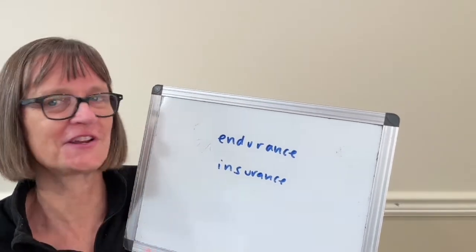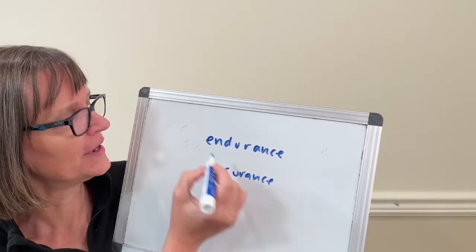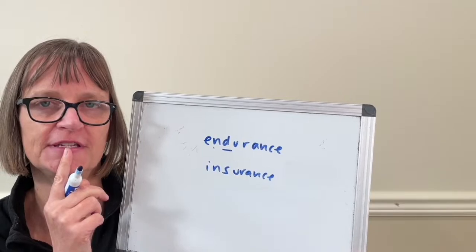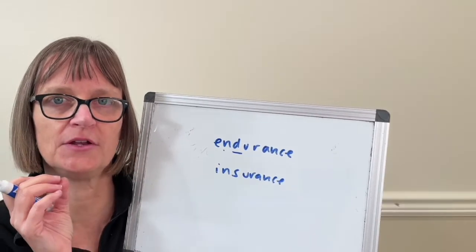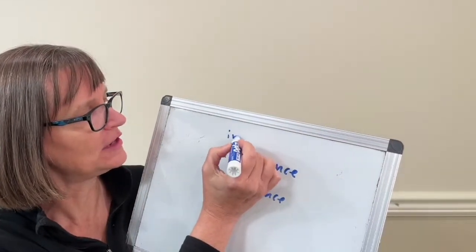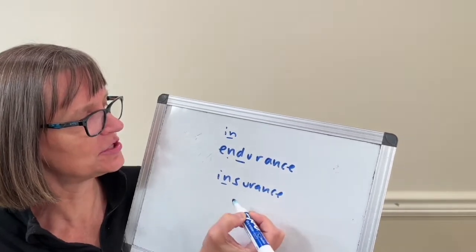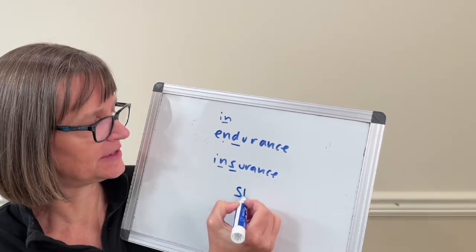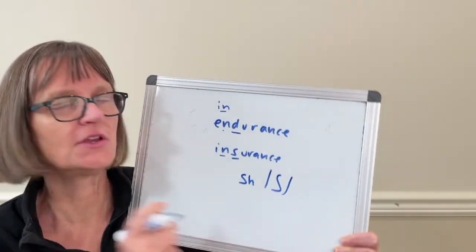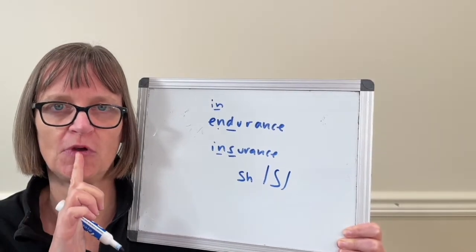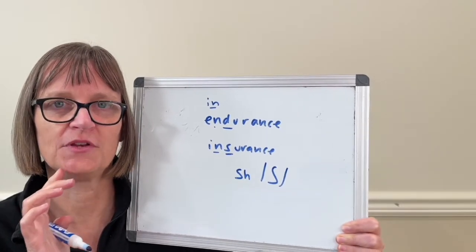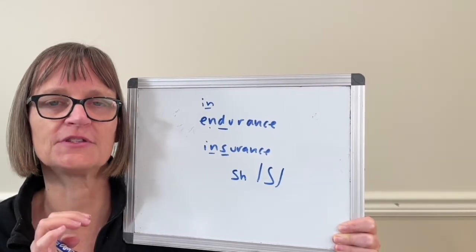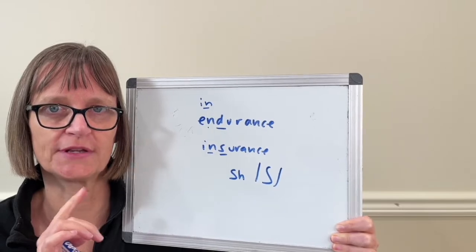So for endurance, you have to make sure that you're closing for the D and making a strong stop sound, endurance. So it still will have a little bit of an I sound like insurance. And insurance, your S sound is the SH sound. So what you want is to make sure that when you're doing endurance, your tongue goes behind your teeth and drops. Endurance, insurance, insurance.